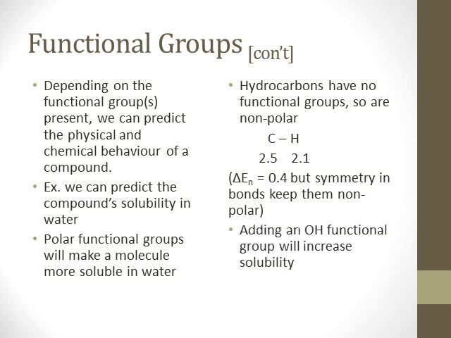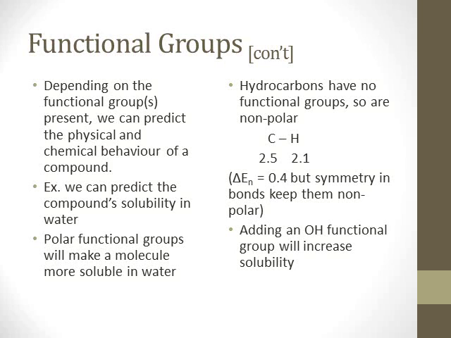So what we need to do if we're trying to add some, say, solubility in water to an organic molecule made just of carbon and hydrogen, we may want to add a functional group such as OH, and OH with oxygen and hydrogen has a lot more difference in the electronegativity numbers, and we get that polarity in that particular molecule.